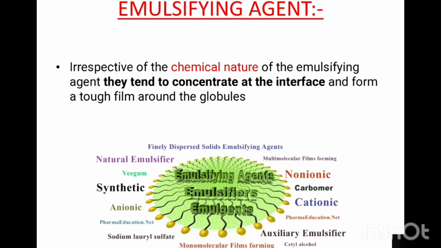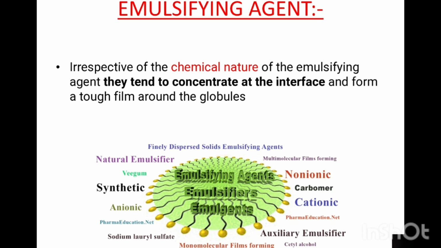You all are familiar with this term, emulsifying agent. As I already told you, emulsifying agents are the substances that are added to the emulsion to stabilize it. Irrespective of the chemical nature of the emulsifying agent, they tend to concentrate at the interface and form a tough film around the globules.